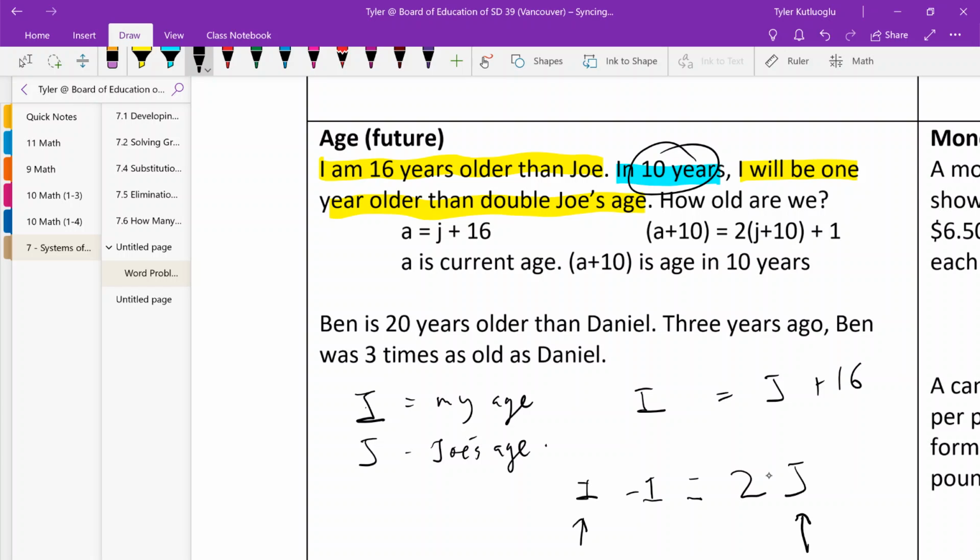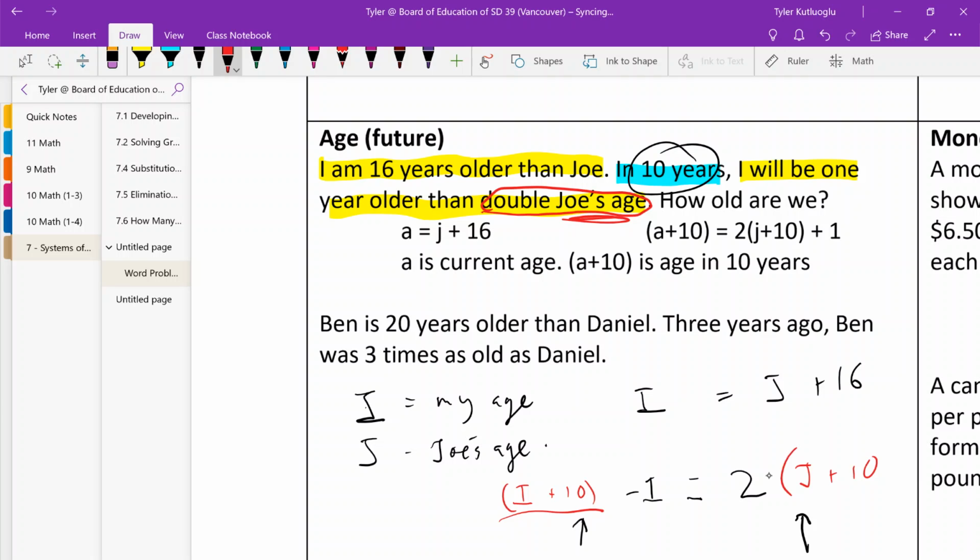So I want to think, if I have my age, in 10 years, how old will I be? Well, I'll be plus 10. So all I'm going to do is rewrite that as I plus 10. That's my future age. For Joe, it's a little trickier, because you might want to just write J plus 10. But the problem is that in the question it said we're talking about double Joe's age in the future.